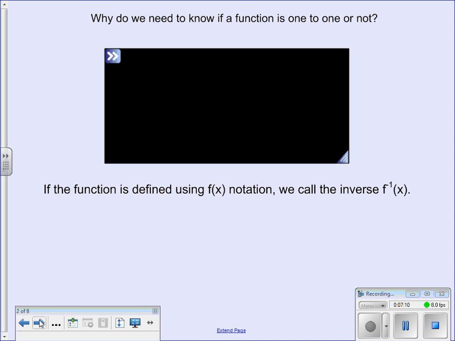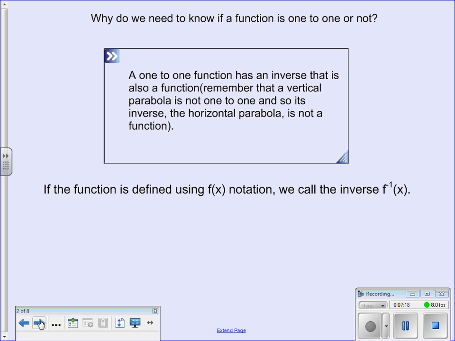Why do we need to know if a function is 1 to 1? It is important to know whether it's 1 to 1 or not because it has an inverse function if it is 1 to 1. If it's not 1 to 1, there is no inverse. If it is 1 to 1, there is an inverse function.